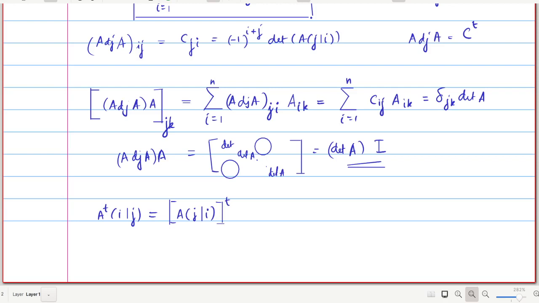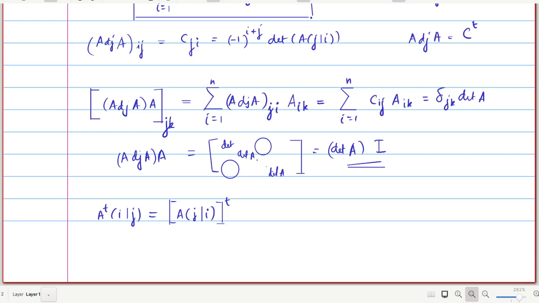That means the transpose of the matrix obtained by removing the ith row and jth column of A.